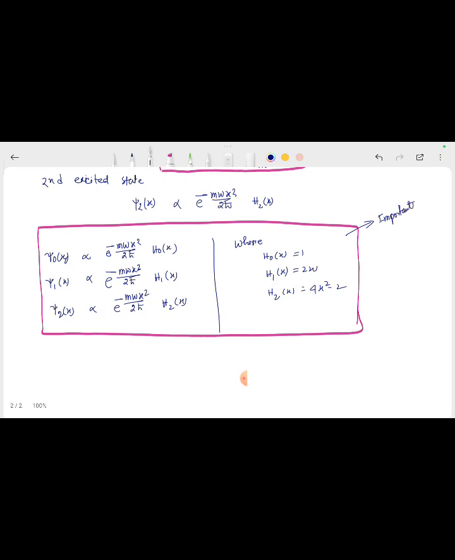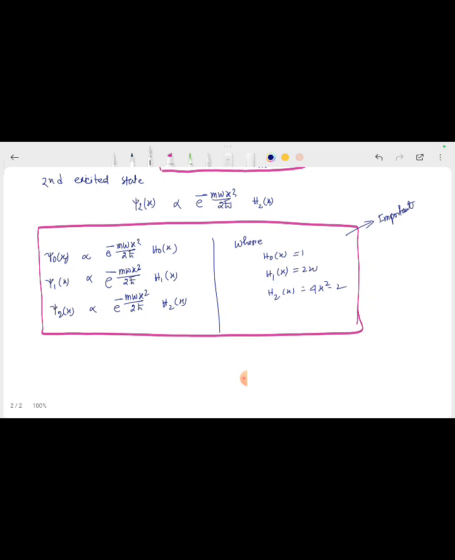Okay, it's very important. So we get the ground state eigenfunction, first excited state eigenfunction, and second excited state wave functions. Now we find out the shape of these first three wave functions. From this shape we find out which eigenfunction is even and which is odd.